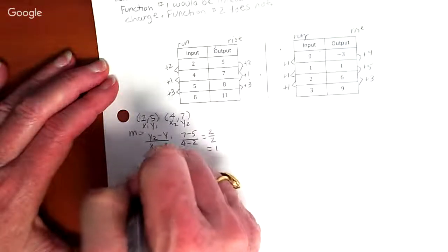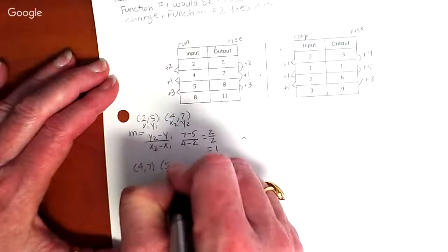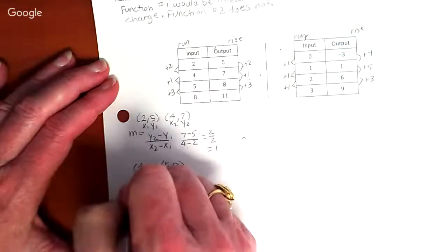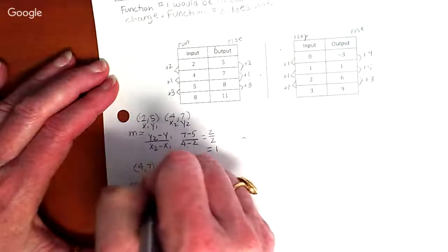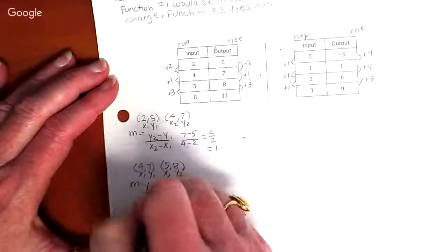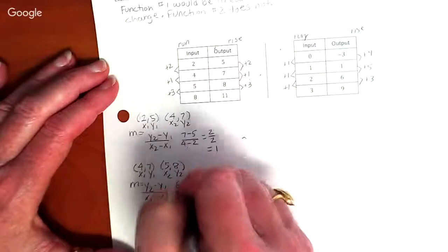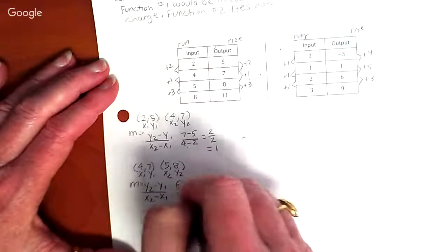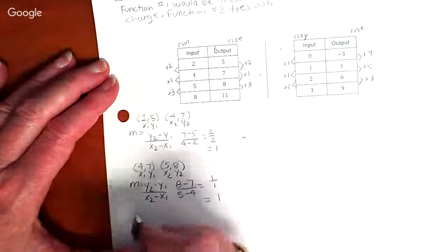Our next set of points would be 4 comma 7 and 5 comma 8. So m equals 8 minus 7 over 5 minus 4, which equals 1 over 1, which equals 1.